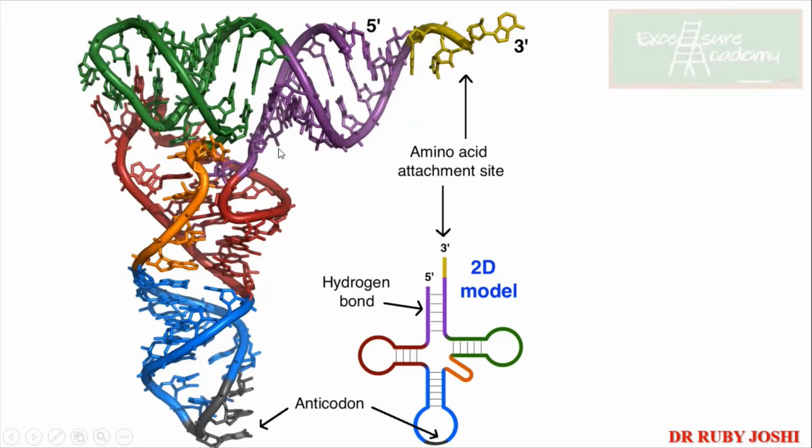You can see that each nucleotide base is inside the structure except the A, which is outside. We also know that this is single stranded. This is our CCA, and this A is protruding out, which is required so that the amino acid can come and get charged there.